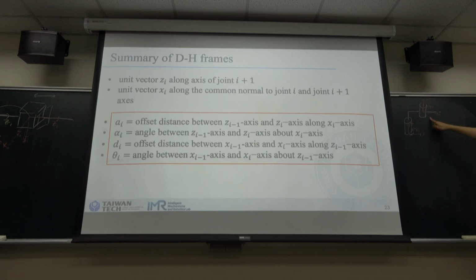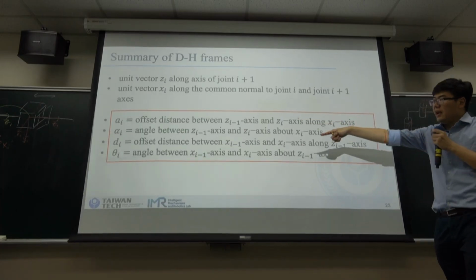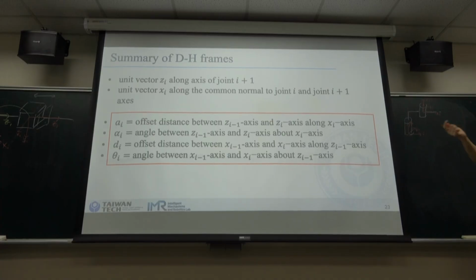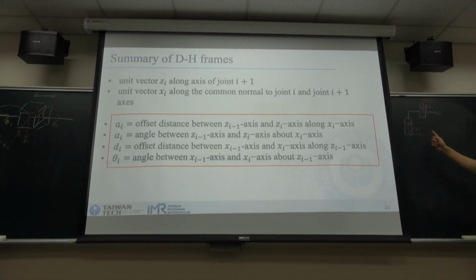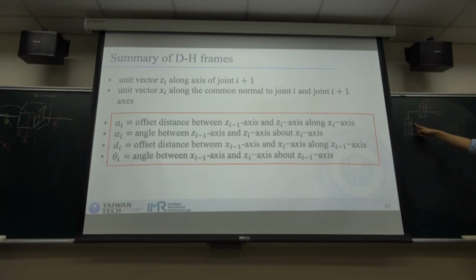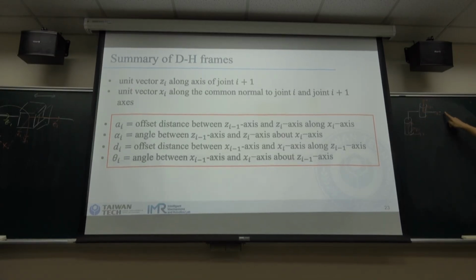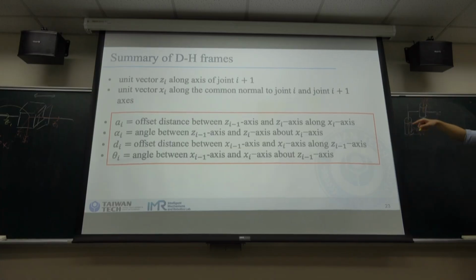And here is the example. A_i is the offset distance between the z_{i-1} axis and the z_i axis along the x_i axis. So what is the z_{i-1} axis over here? It's the z0, right? And the z_i axis is z1, and along the x_i axis is along the x1. So z0 is here, and z1 is here.